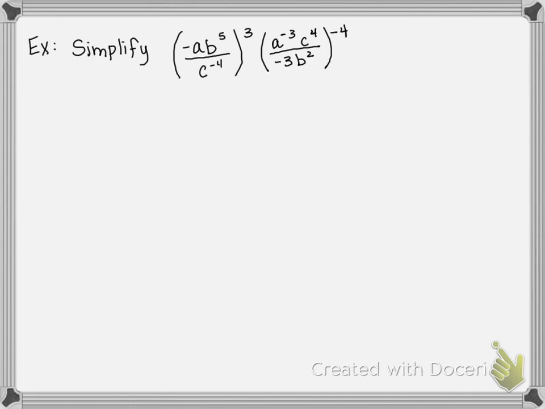Okay, first thing I want to point out is, everybody see the negative a? Actually, I should change this. This is not going to demonstrate my point even a little bit. There we go.